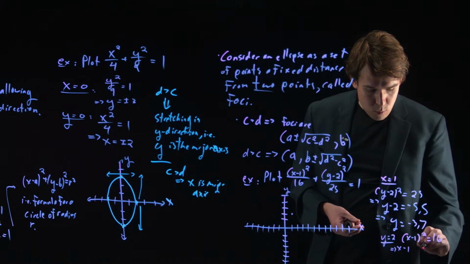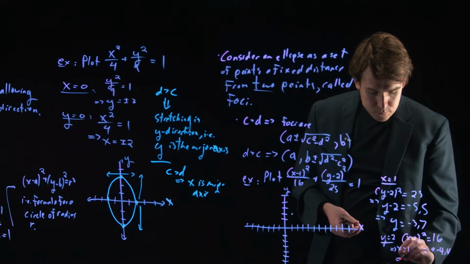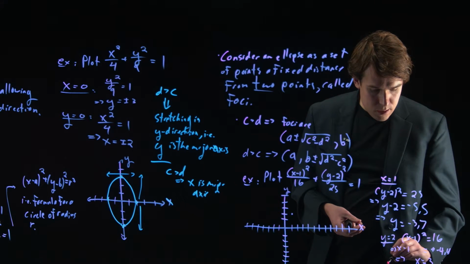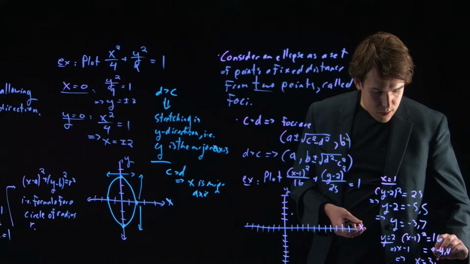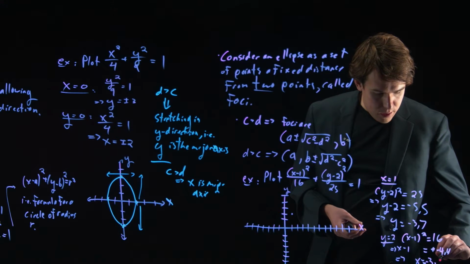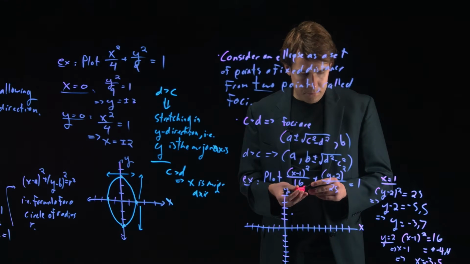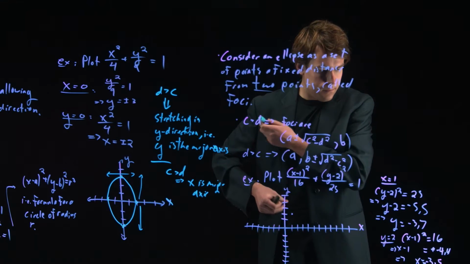So x minus 1 equals negative 4 and 4. So x equals negative 3 and positive 5.